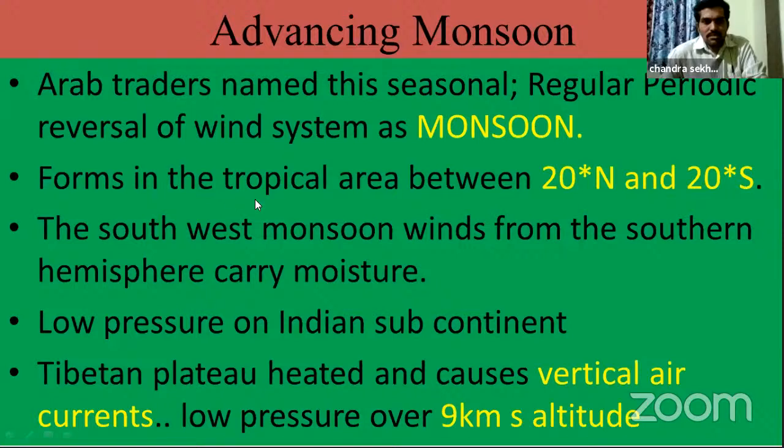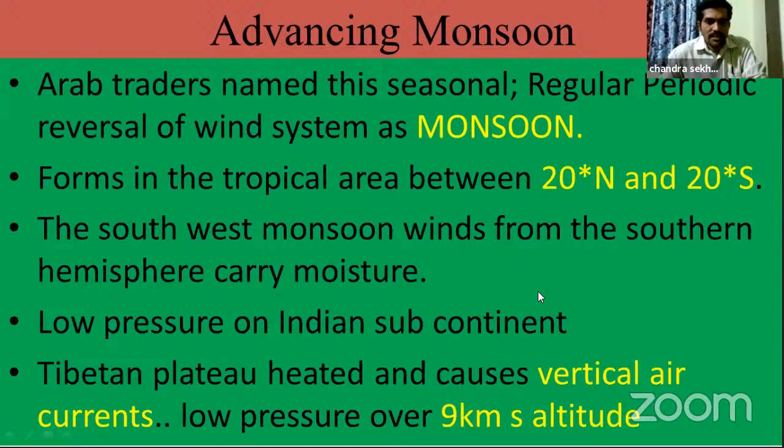These form in the tropical area between 20 degrees north and 20 degrees south, so both sides of the equator up to 20 degrees. These monsoons are forming. The southwest monsoon winds from the southern hemisphere carry moisture.